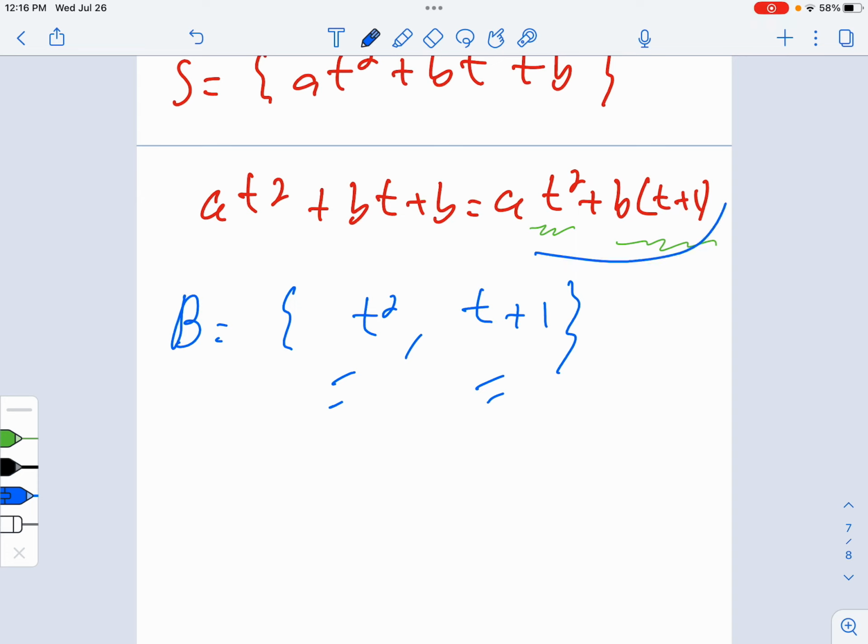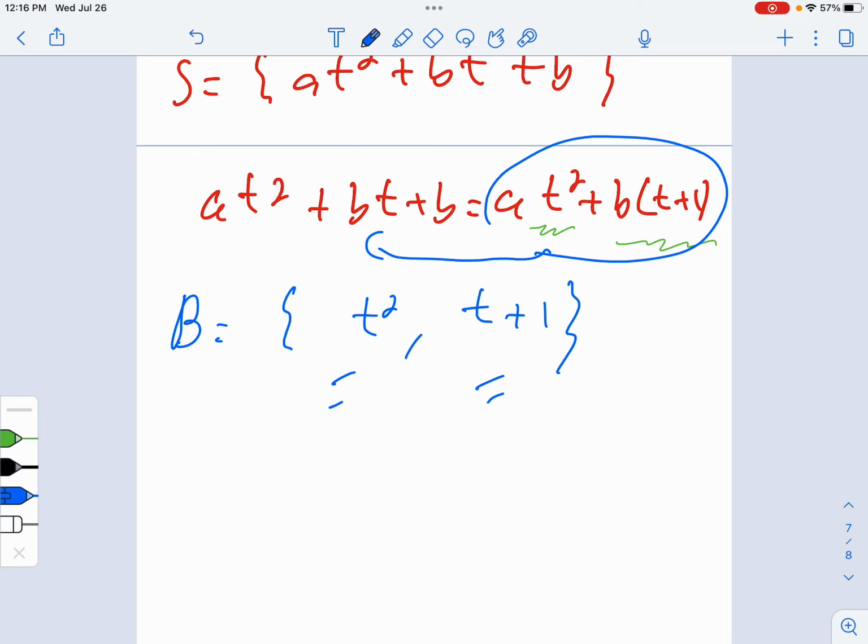And this right here describes everything over here. Okay, so we found the two vectors, just to summarize, that when you multiply by constants and add them together, describe the set S. Okay, that's what we found. So it's t squared and t plus 1. So these are my vectors, which I claim are a basis. They do span the set S.